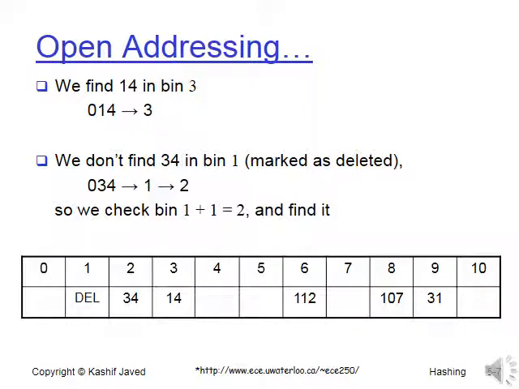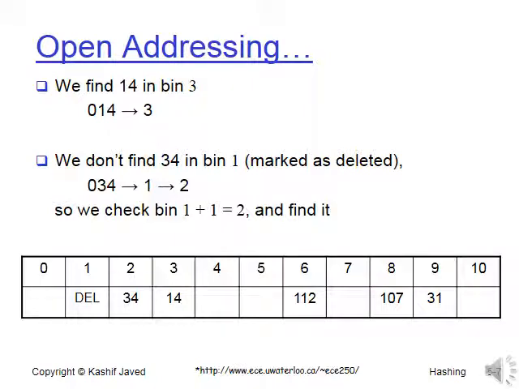Now, to find element number 34, we start by checking the location of the bin it should have initially been hashed into. For number 34, the hash value computed for quadratic function I equals 0 equals 1.